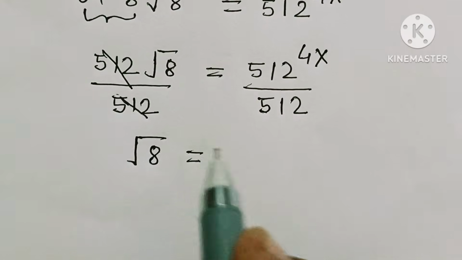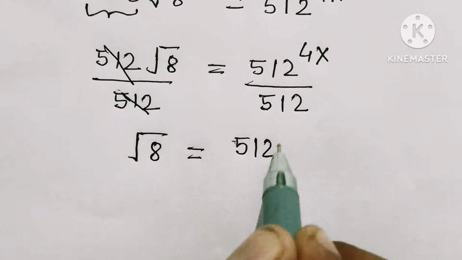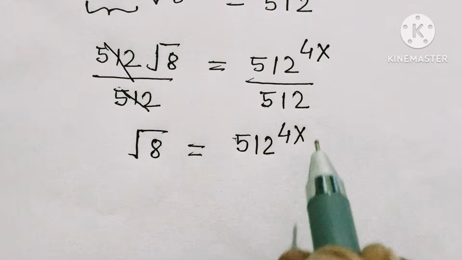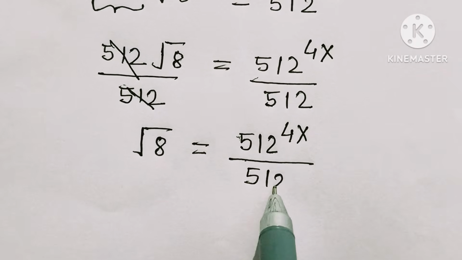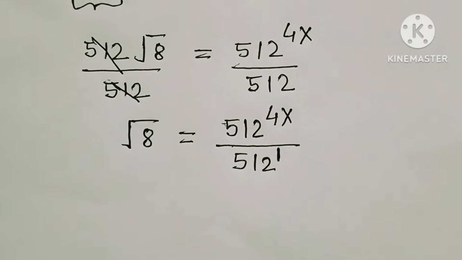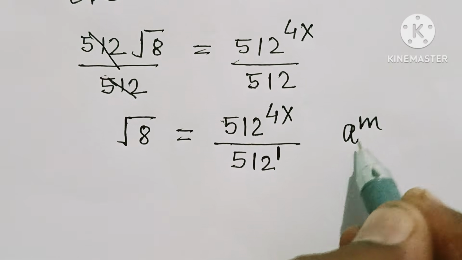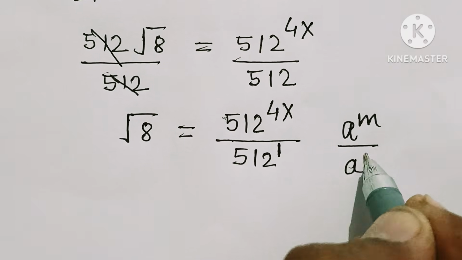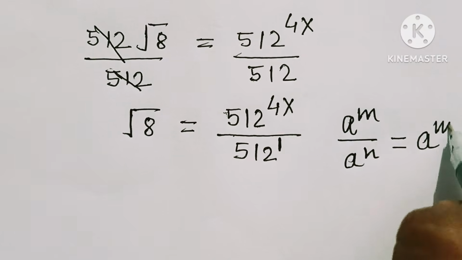Square root of 8 equal to 512 raised to power 4x divided by 512 raised to power 1. Here a raised to power m divided by a raised to power n equals a raised to power m minus n.